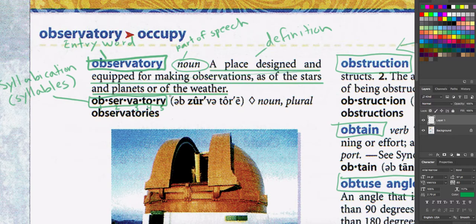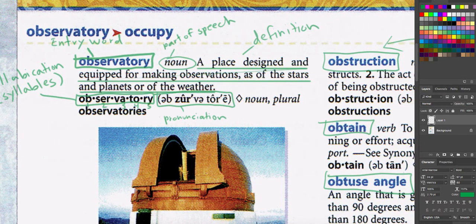The next part here is the pronunciation. So how do you say the word observatory? It tells you how you would say each syllable.